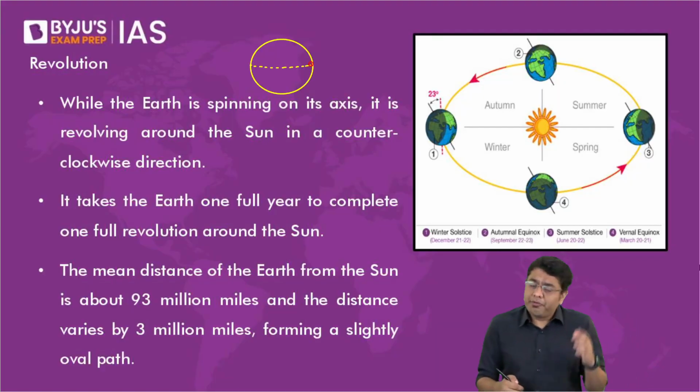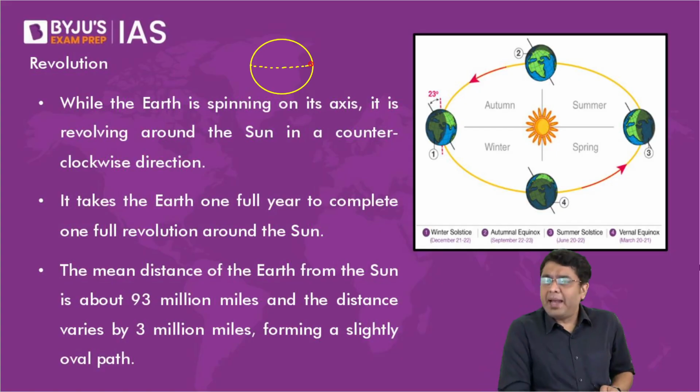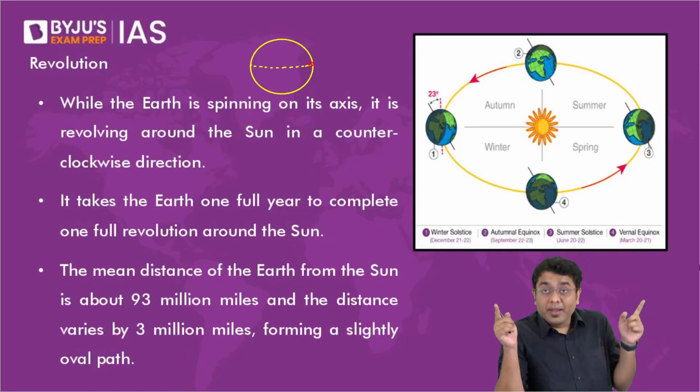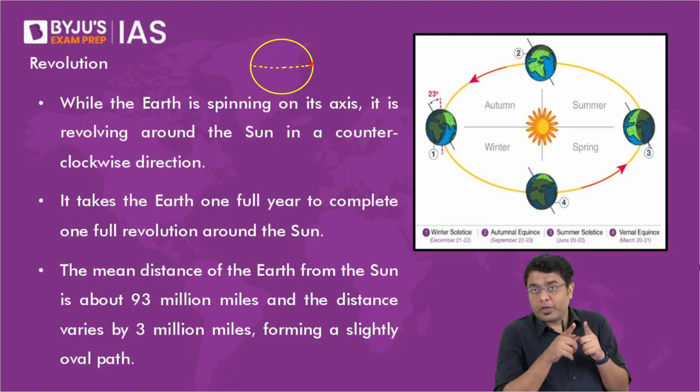Now, with the same tilt, the planet keeps on moving around the sun in an elliptical orbit. And it is because of that tilt that different areas get a varying amount of sunlight. You would have experienced that during the summer season. The days are particularly long, the nights are particularly short.